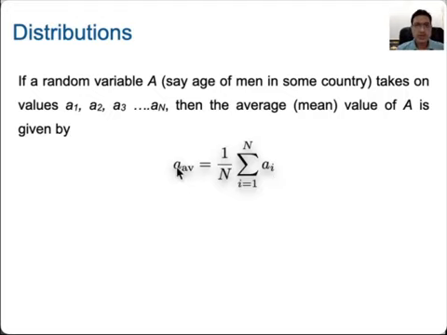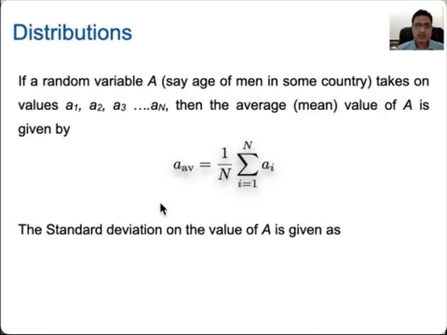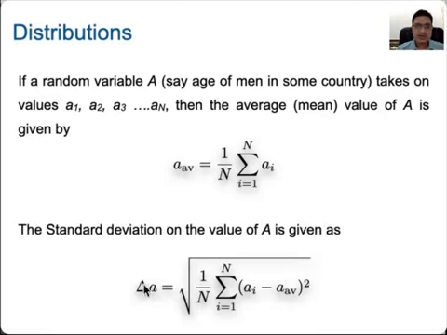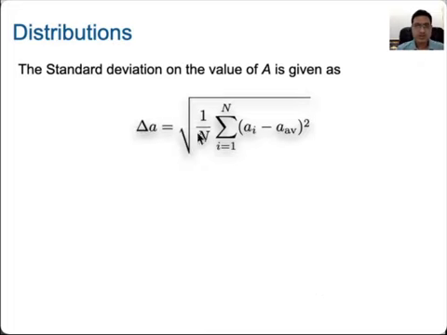Okay, once you have estimated the average value, then you can also estimate the standard deviation, which is given by this simple formula. We will rewrite it in a different form in the next slide. Now you can simply expand this square. You will get a_i square plus a average square, and then two more terms.